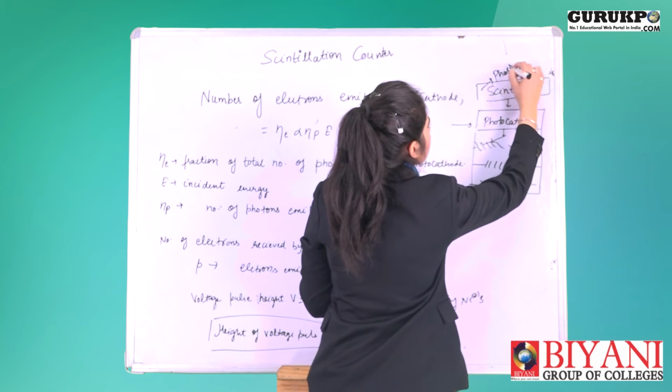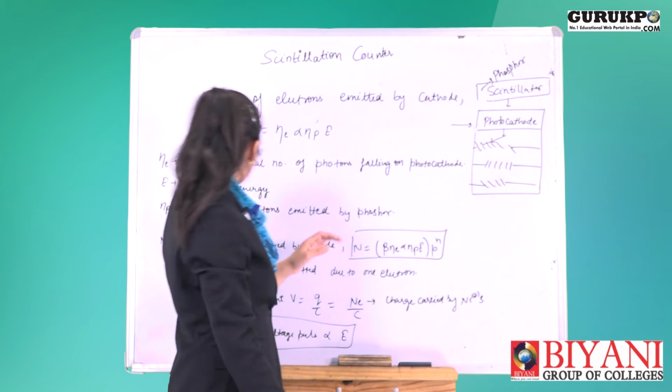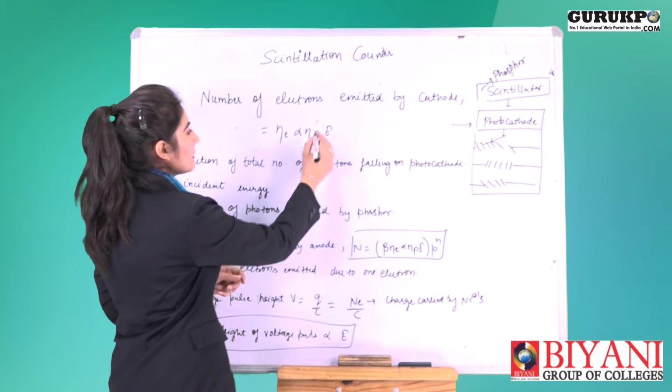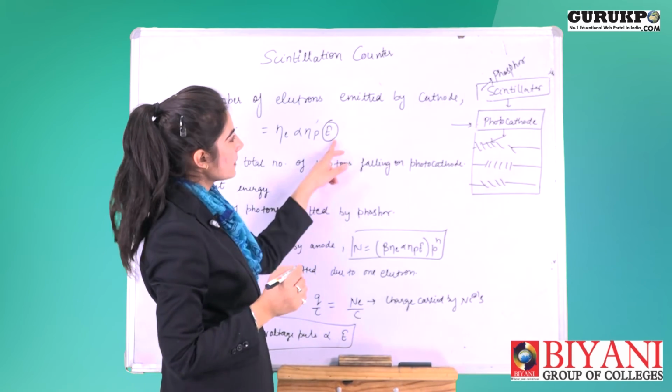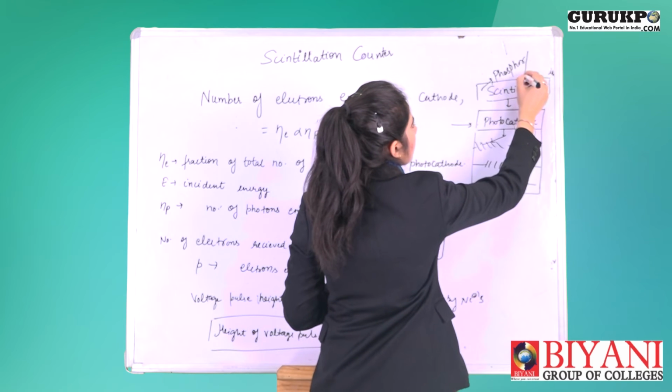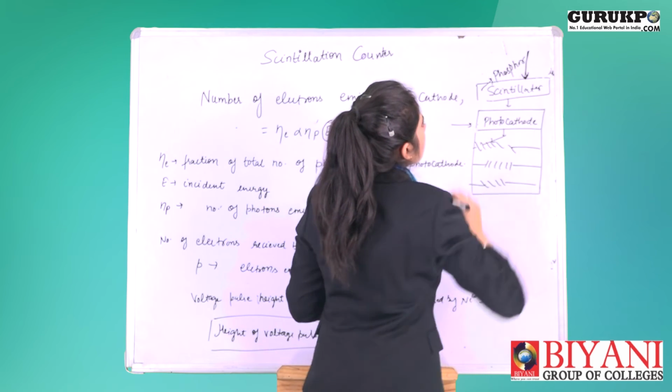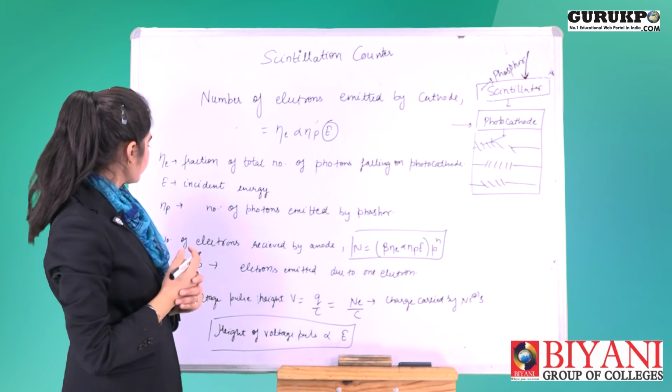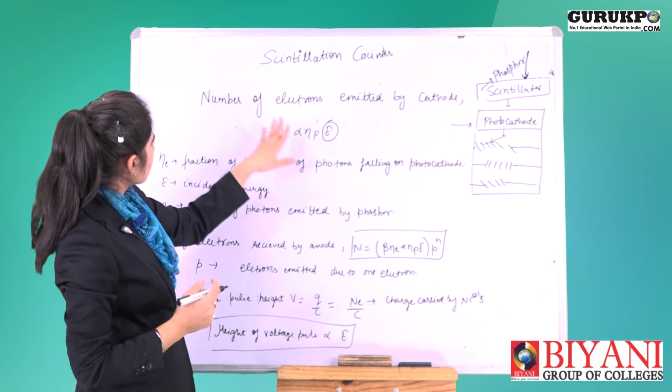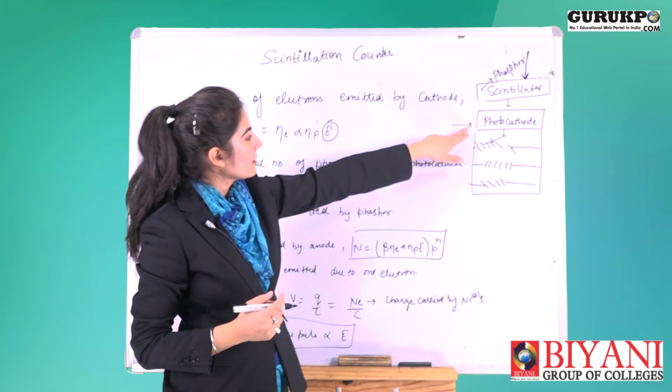This is the phosphor. And E is the energy of the incident particle coming towards the scintillator. So, this is the number of electrons emitted by this cathode.